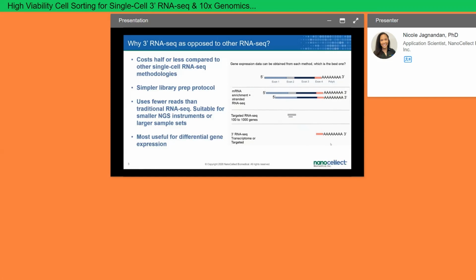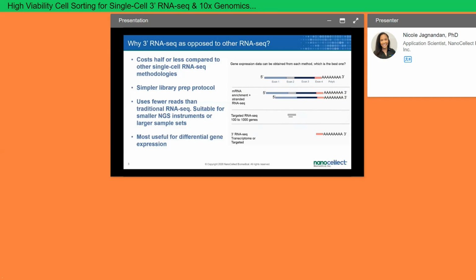One limitation of the more widely used longer transcript RNA-seq method is that those longer transcripts are represented by more reads than the shorter transcripts, which may result in a biased estimation of expression levels. So 3' RNA-seq would have a greater power to detect expression variation using that particular method.